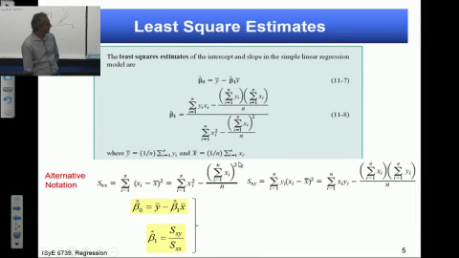Then I can write down beta 1 using these two new notations. So your beta hat 1 is Sxy divided by Sxx. Okay? That's simple. And your beta hat 0 is y bar minus beta hat 1 x bar. That's it. Any questions so far?